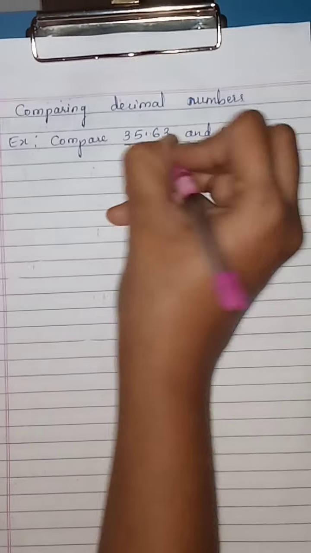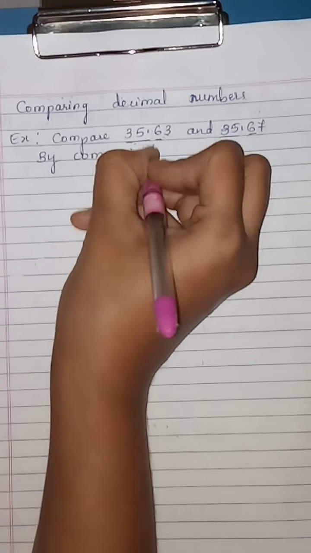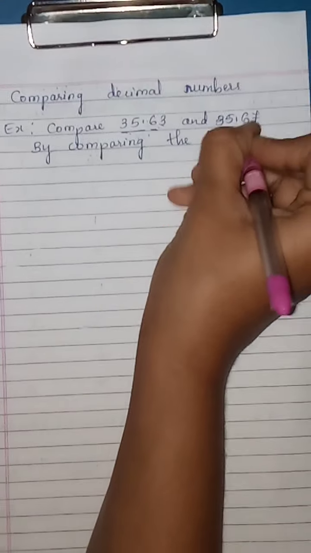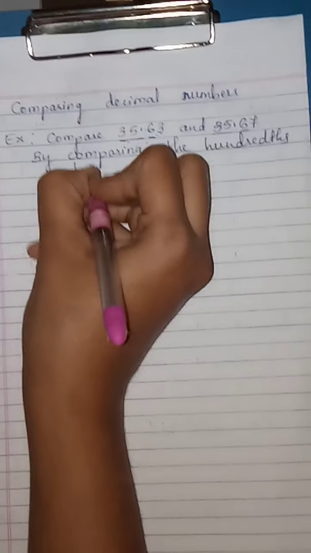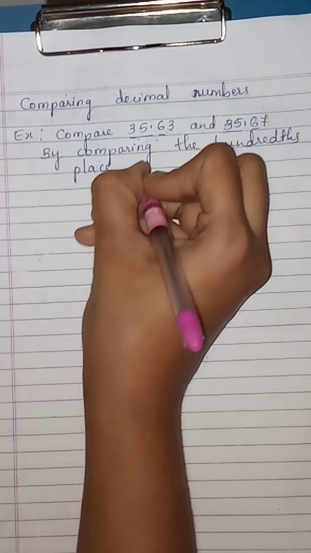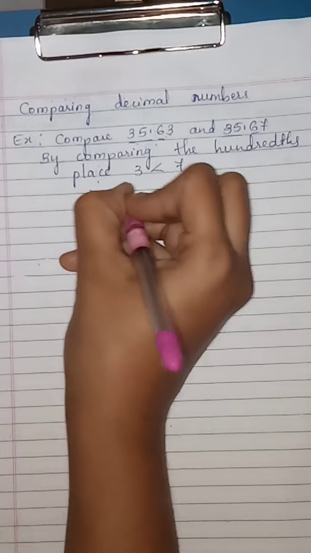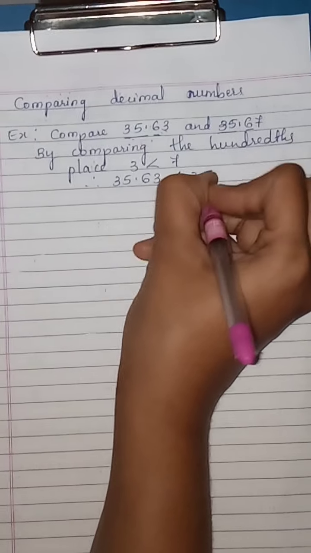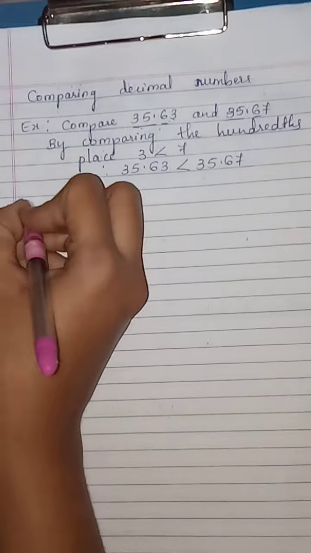Now you compare the hundredths place. Here 3 is less than 7. Therefore 35.63 is less than 35.67.